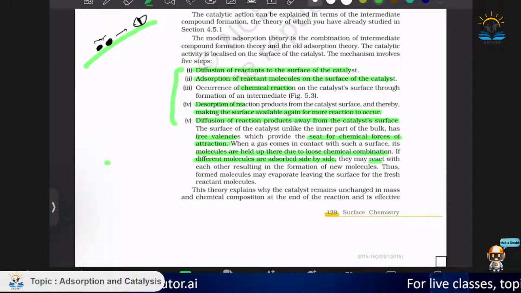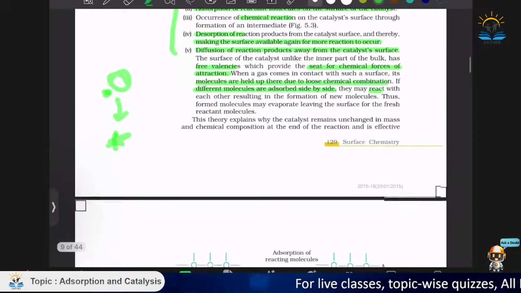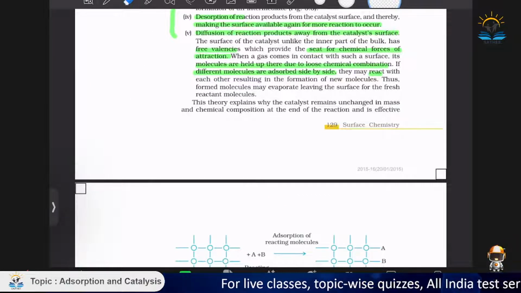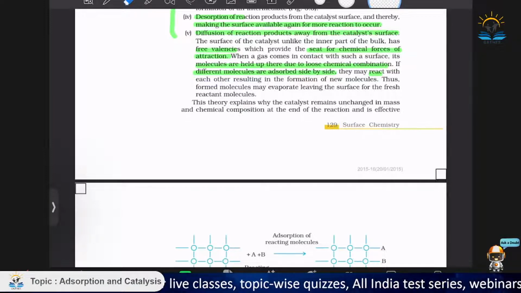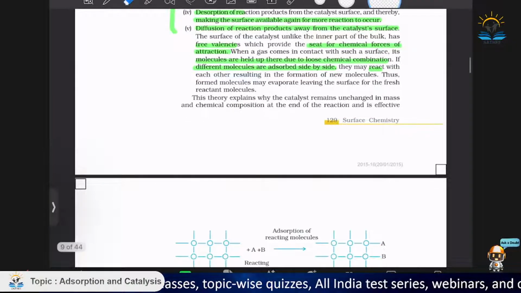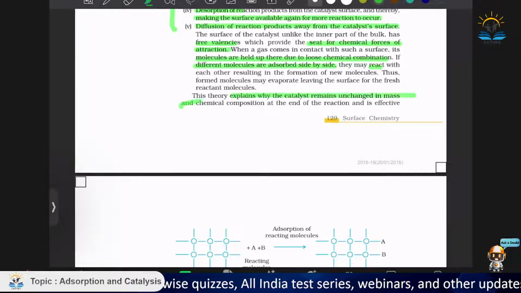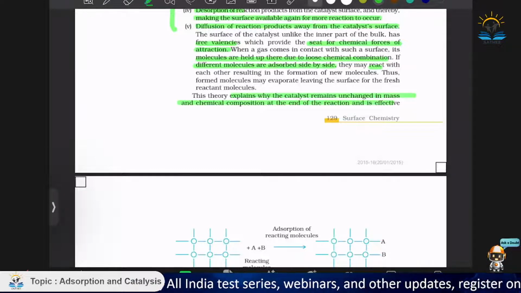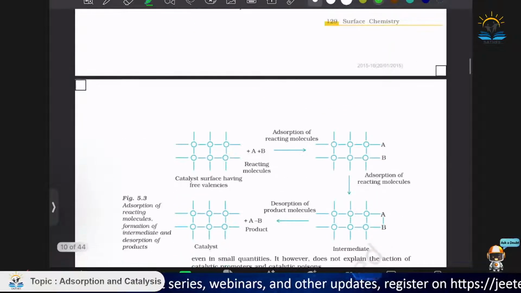By chance, two reactants come together, they react and form the product, because the surface is bringing the reactants together. This theory explains why the catalyst remains unchanged in mass and chemical composition at the end of the reaction, because it is not being used. It is just giving the surface for the reaction to occur.